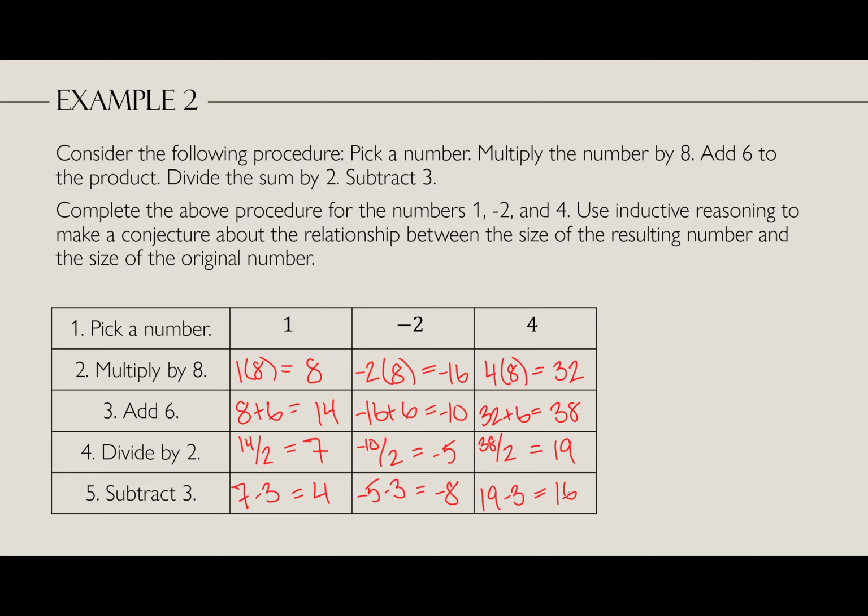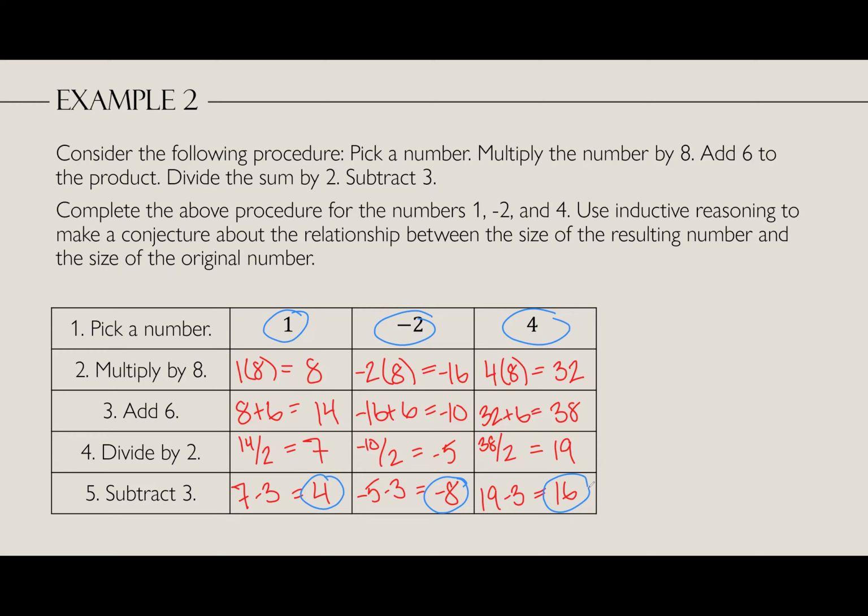So I've completed this procedure for 3 separate numbers. Let's see if there's a relationship between where I started and then my final value each time. So take a moment and see, do you notice a pattern here? Let's see, 1 to 4, -2 to -8, 4 to 16.